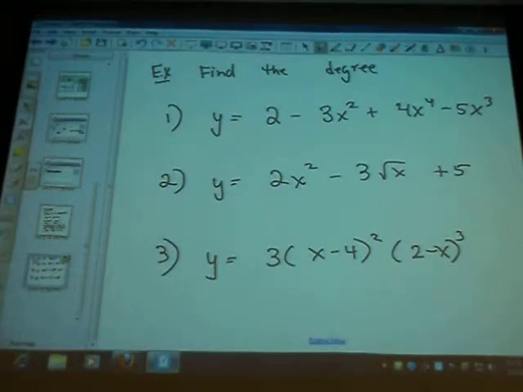How would we write it down? Degree equals... Just say the degree is whatever. Okay.